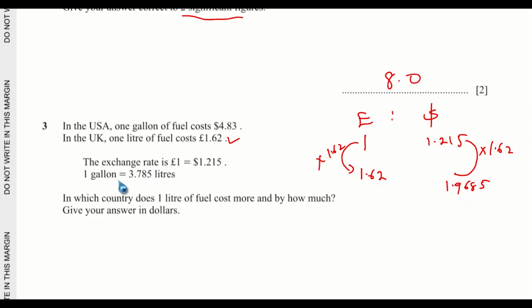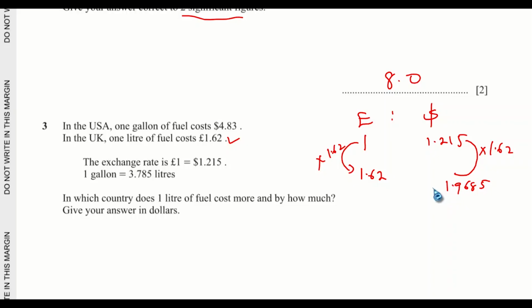And we are told that 1 gallon of fuel is equal to 3.785 liters. Okay, so now we have found the cost price of 1 liter of fuel in the UK, which is 1.9685 dollars.